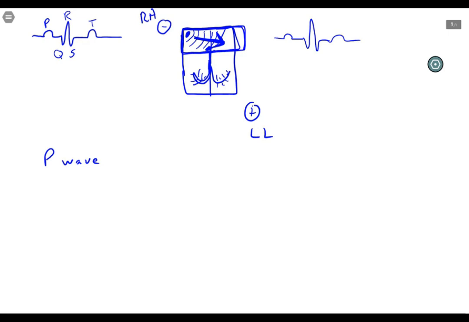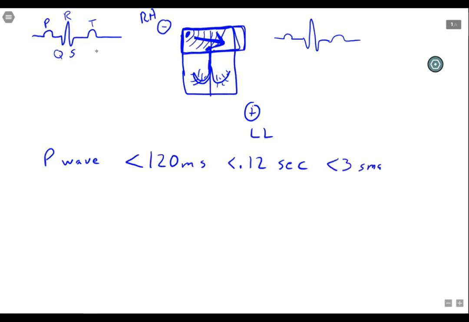So a normal P wave is typically less than 120 milliseconds. Just to make that a little bit easier, that's 0.12 seconds. So how many small boxes is that? A small box is 0.04 seconds. So a P wave should essentially be less than 3 small boxes. All right, so that makes that easy to look at.